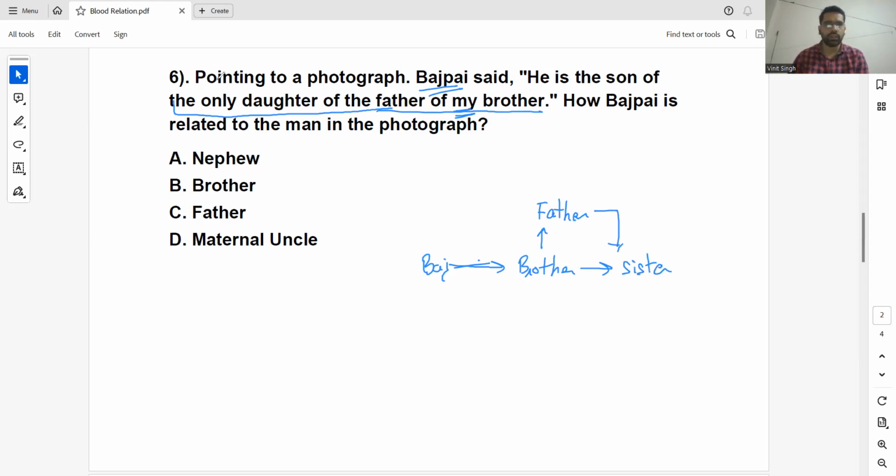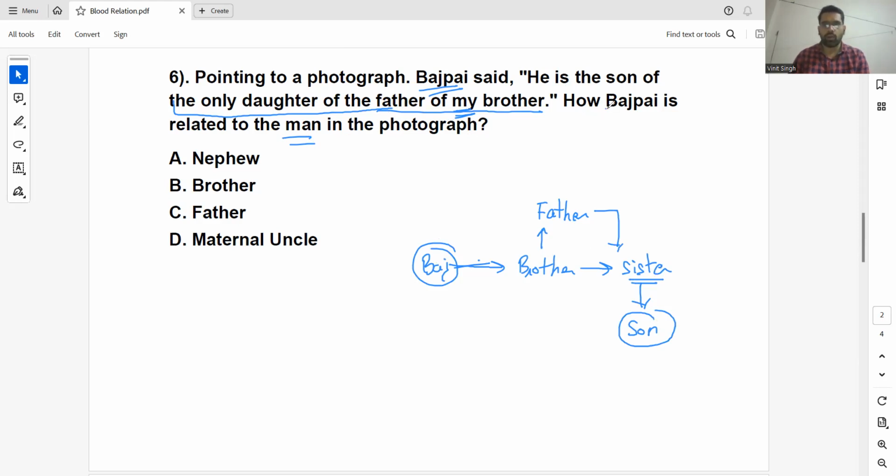He is the son of the only daughter of the father of my brother. Son of that sister. How is Vajpayee related to the man in the photograph? Now Vajpayee is the brother of that sister. The particular boy will be the son of that sister of Vajpayee.